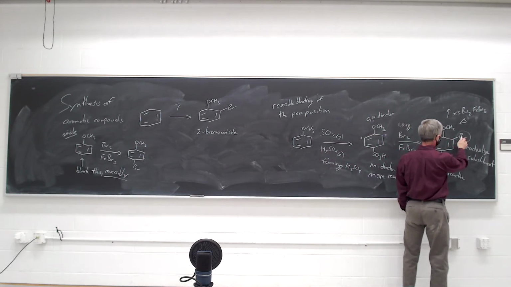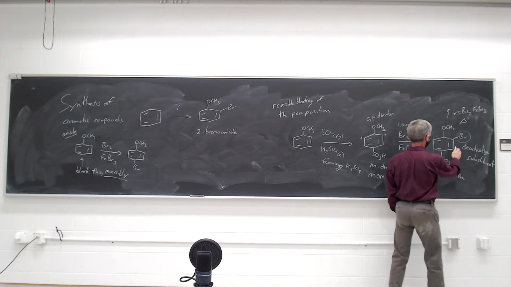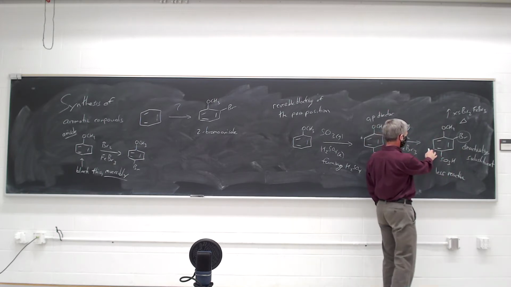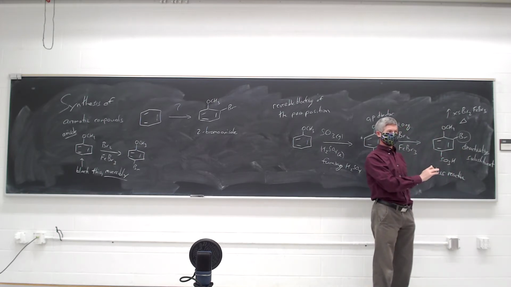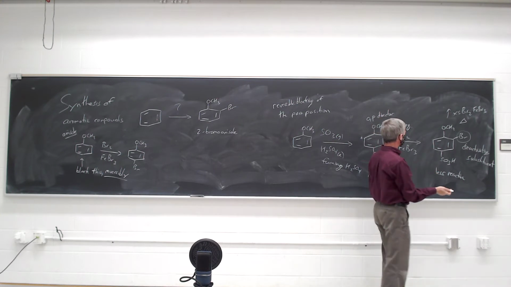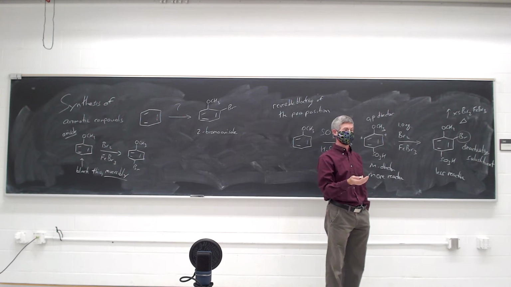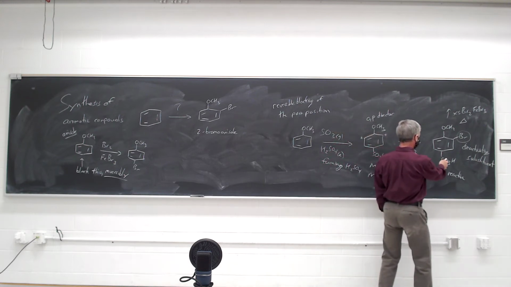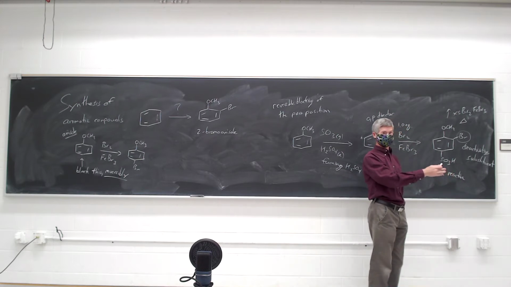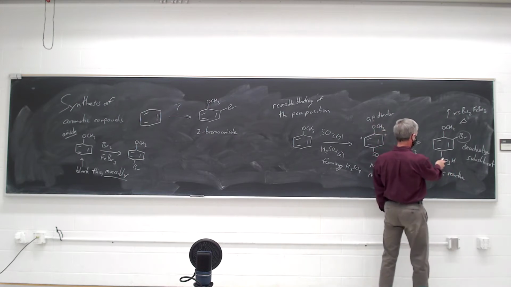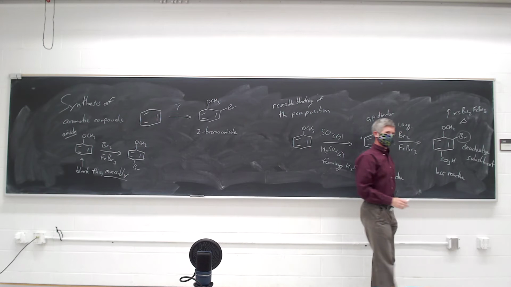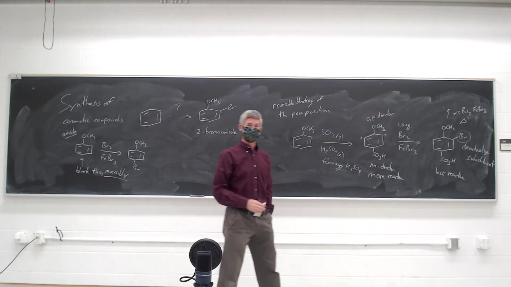But this is also an ortho-para director, and that wants it here, or here. So who wins, methoxy or bromo, if they're in competition as they are in this case? Sulfonic acid gets no say, right, because that's a strongly deactivating substituent. The sulfonic acid actually kind of wants it here, but nobody's really listening to the sulfonic acid.